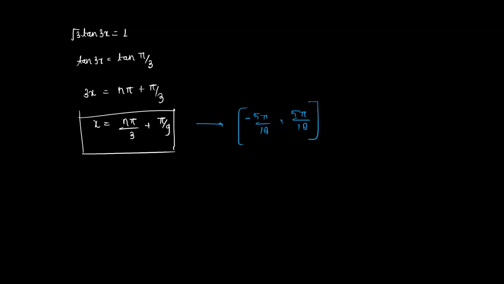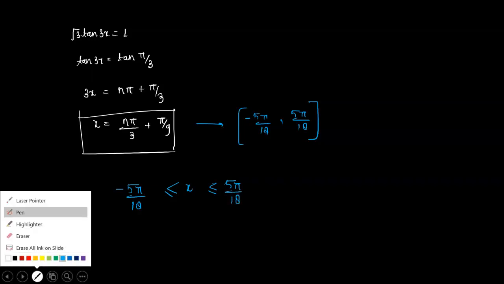So we can do one thing here. Let us suppose x lies between minus 5 pi by 18 and 5 pi by 18. So this will give the values of n for which this inequality is satisfied.